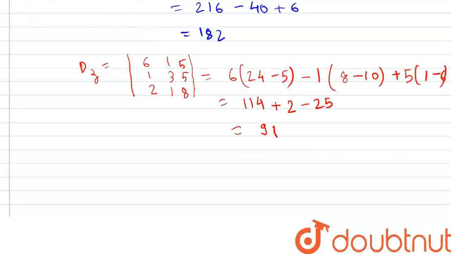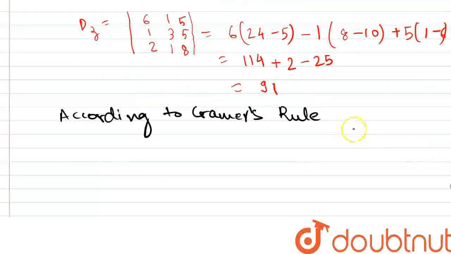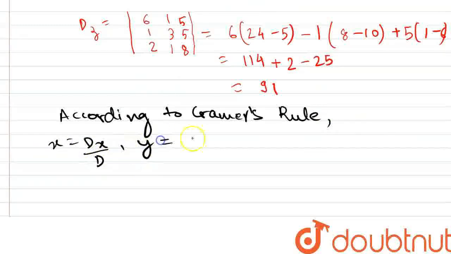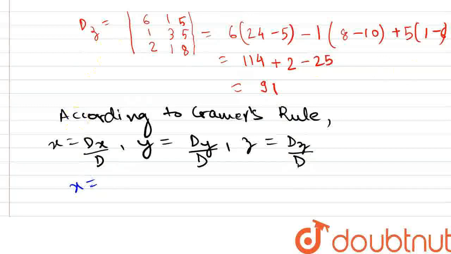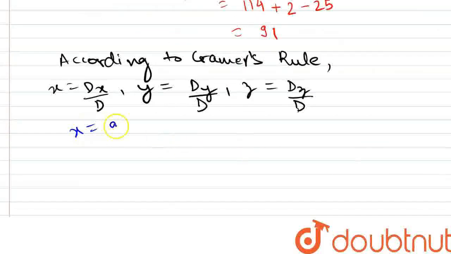Now, according to Cramer's rule, x equals Dx by D, y equals Dy by D, and z equals Dz by D. Dx we calculated to be 91, and D also 91, so x would be 91 by 91, which means 1.